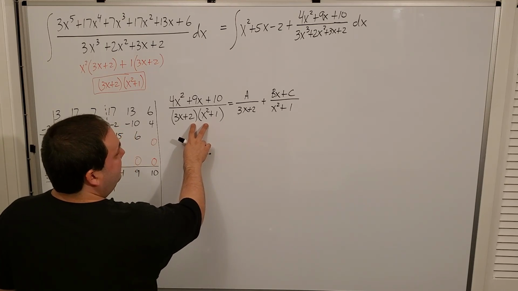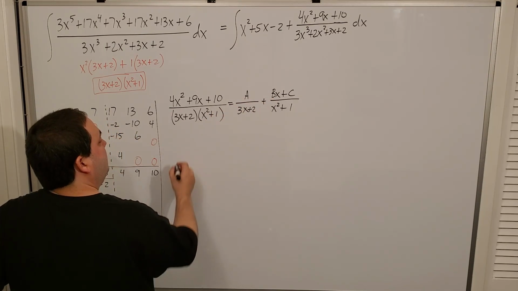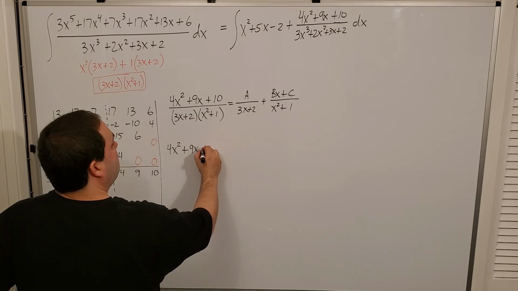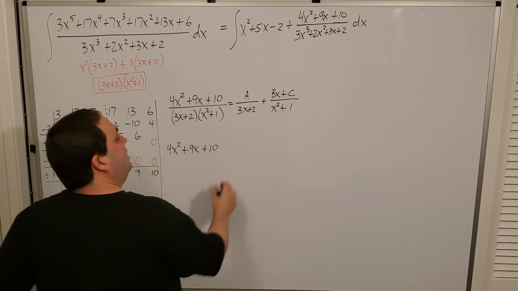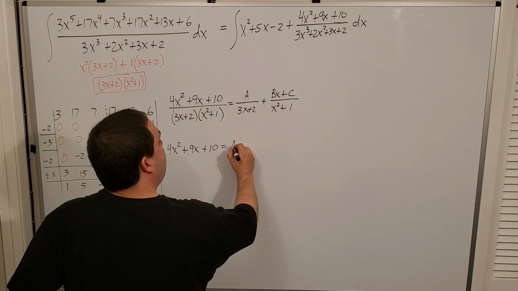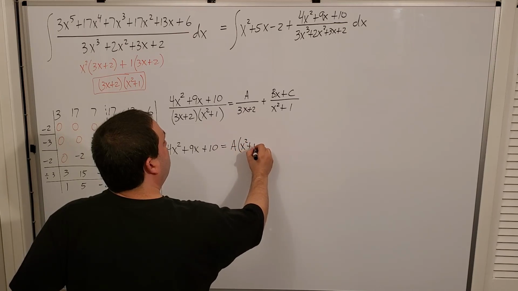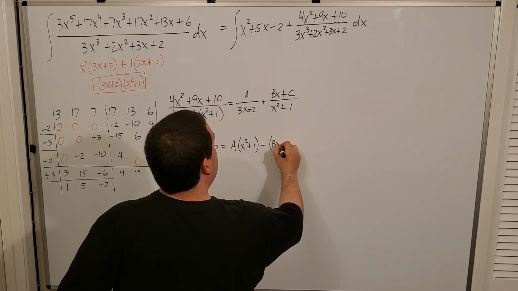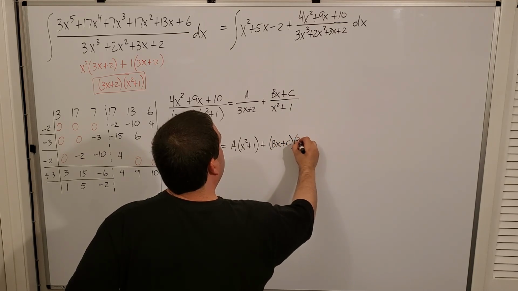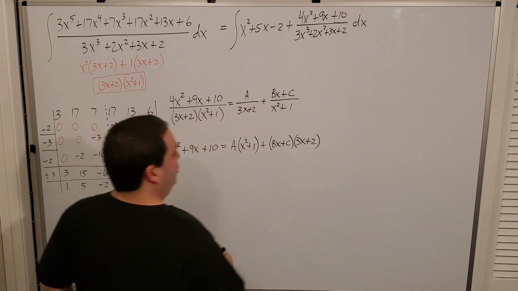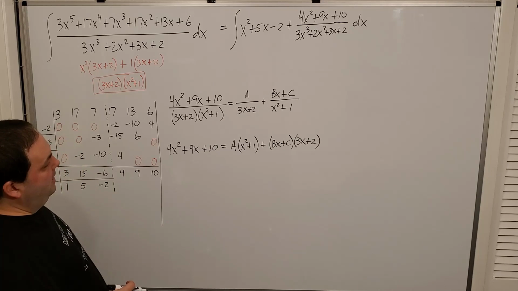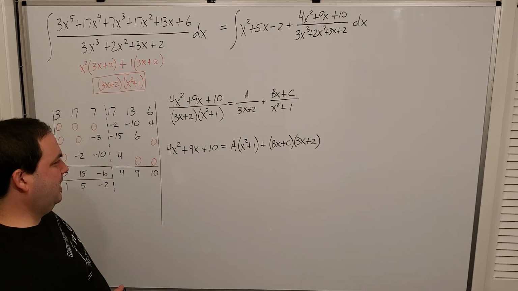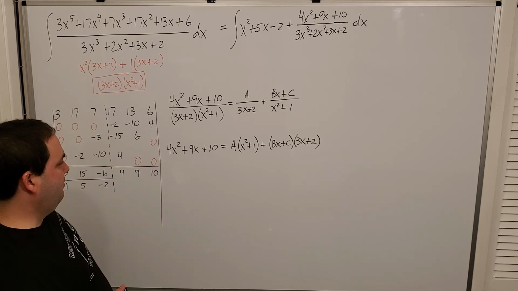So when I multiply this denominator to both sides, I have the equation 4x squared plus 9x plus 10 is equal to A times x squared plus 1 plus Bx plus C times 3x plus 2. Alrighty, so let's see. Anything that can quickly get me through here?